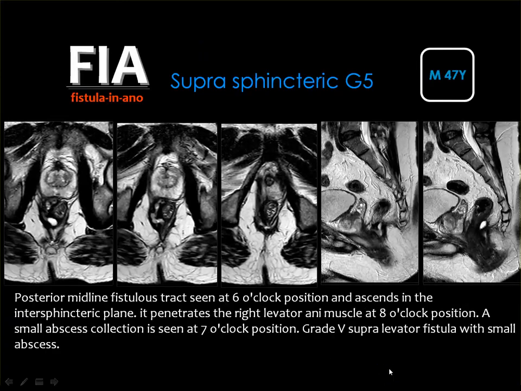Another example of the supralevator fistula, and here you see the fistula tract with a right branch between the sphincters. Then if you follow the fistula in the sagittal image, you can see that there is a part of the fistula tract above, and then this part is crossing the levator, and this part is above the levator.